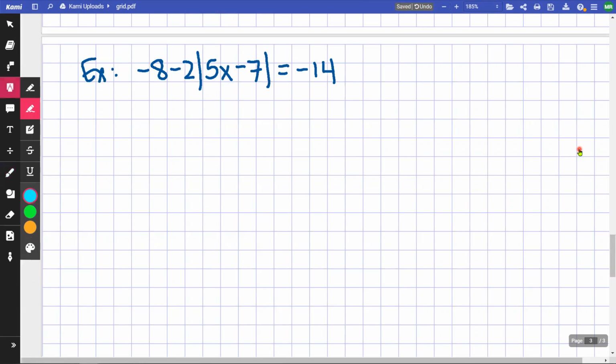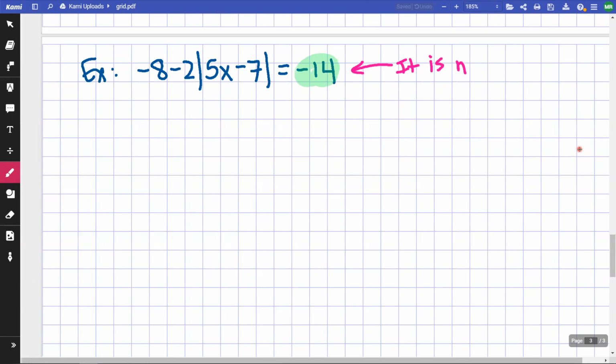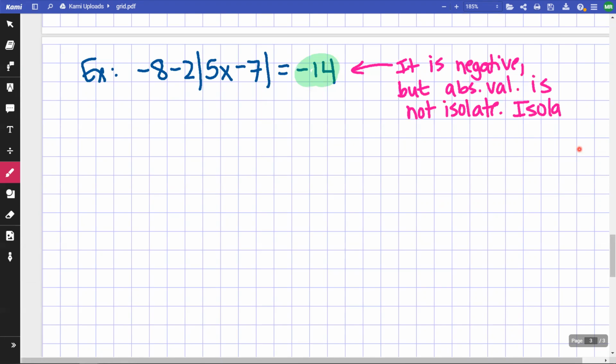Now, the first thing you might notice is that it is a negative over here, but the absolute value is not isolated. So we need to isolate first.